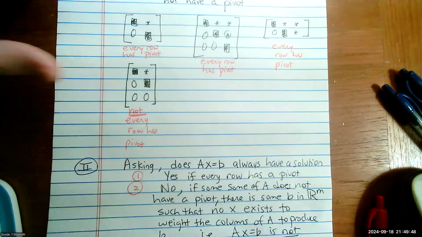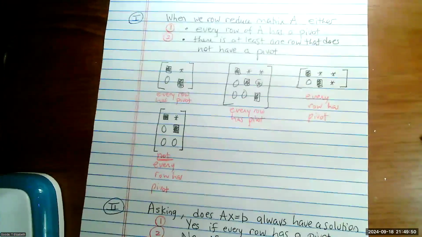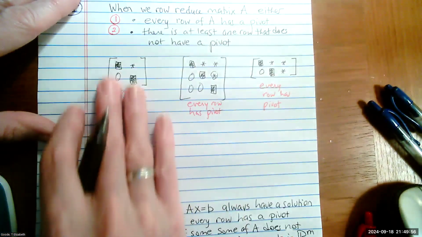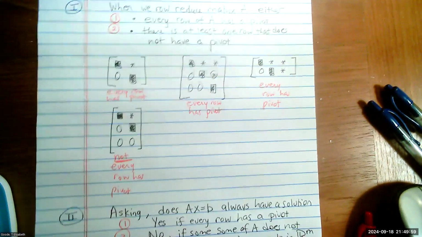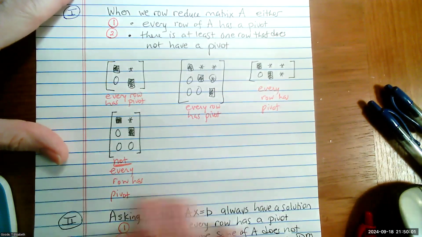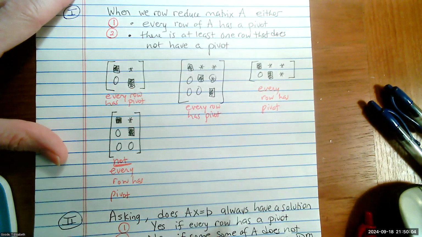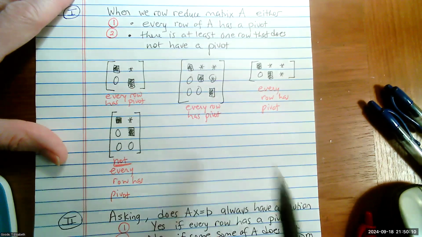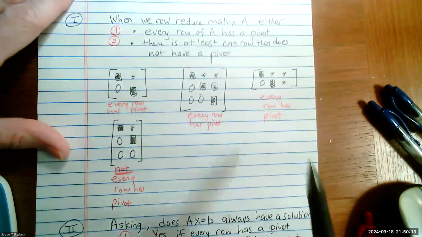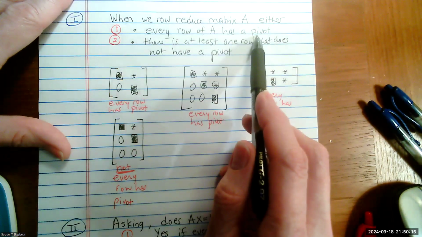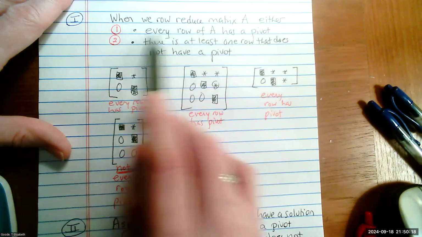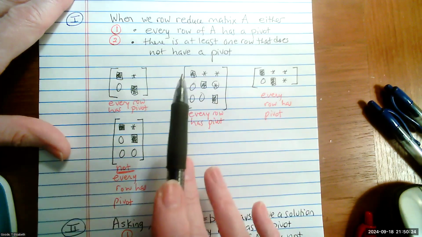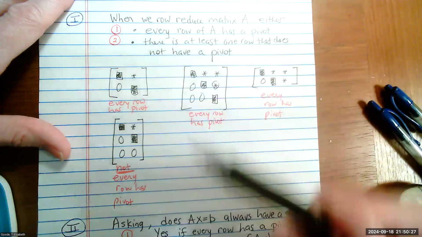So it really comes down to whether the columns of A can be weighted in a bunch of different ways so that you can hit every B over in R^m. Then that's what it means to say AX equal B always has a solution. That happens depending on what happens when you row reduce A. We haven't even looked at B or X up here. We're just thinking about A. Each column of A has information.